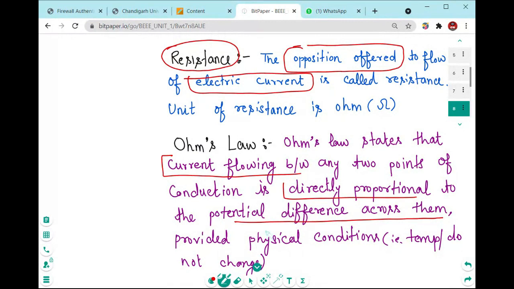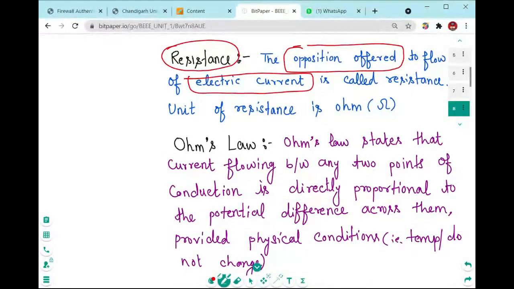With the help of some resistance, you can prove it. Ohm's law states that current flowing through or between any 2 points of a conductor is directly proportional to the potential difference across them. And we will provide the condition that temperature does not change for this Ohm's law.